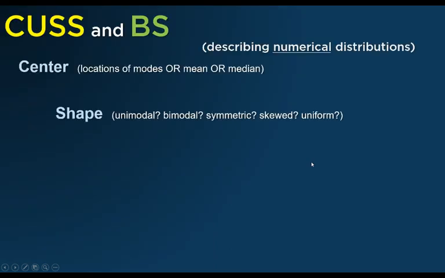All right, so next is shape. When we talk about shape, there's several that we think about. Unimodal by itself isn't a shape, it's just a feature of a graph. Bimodal generically is a shape. Symmetric can be a shape, but there's a lot of symmetry in different graphs, so usually symmetric and unimodal go together to give us a shape.